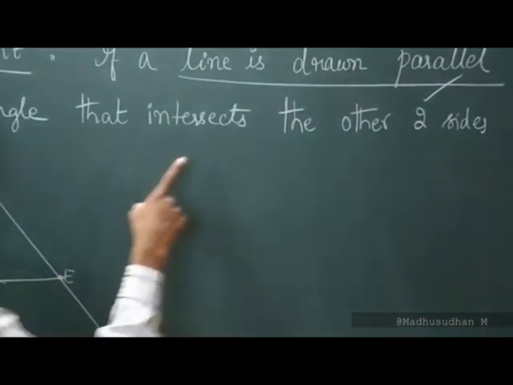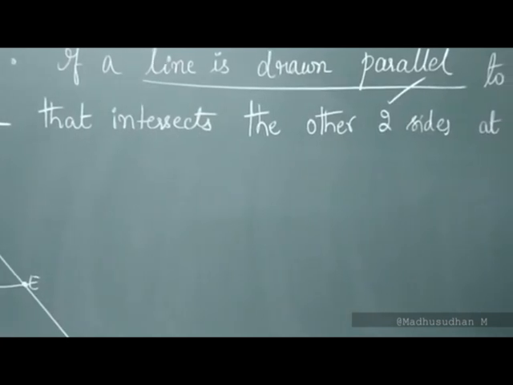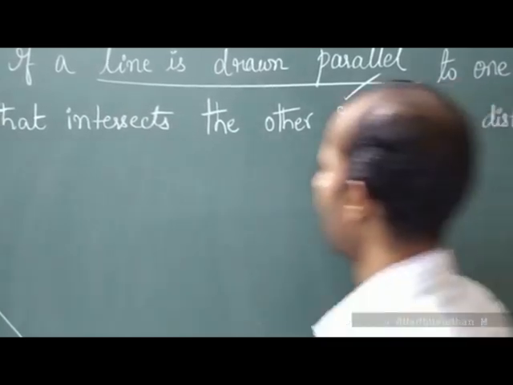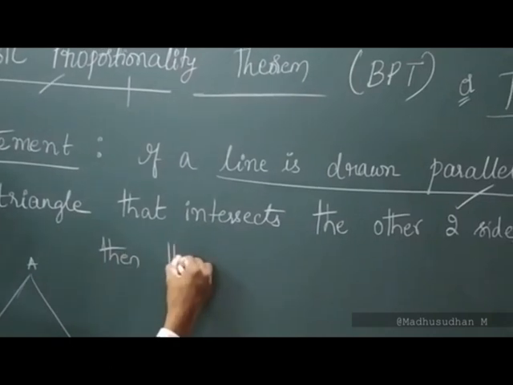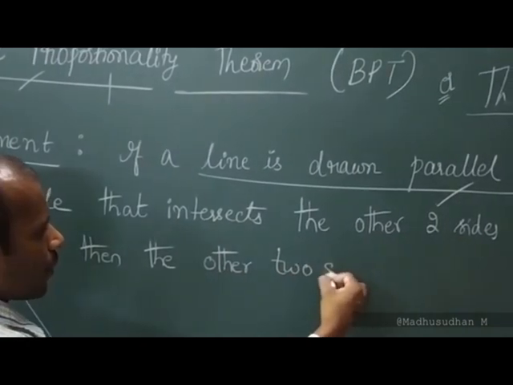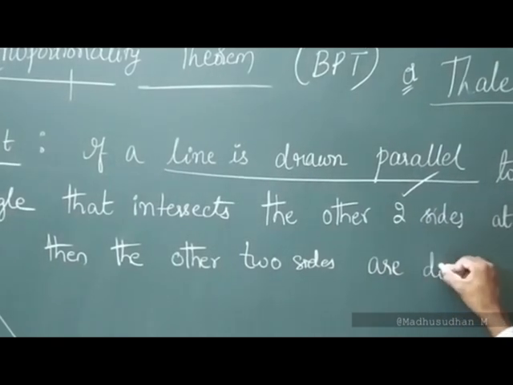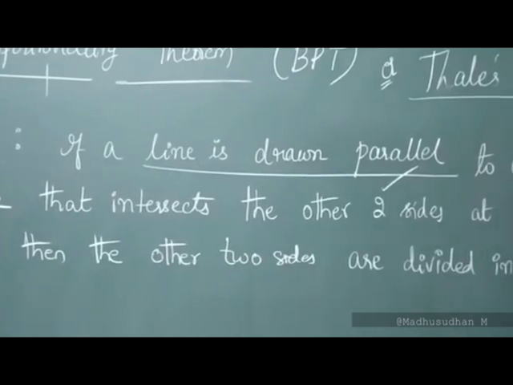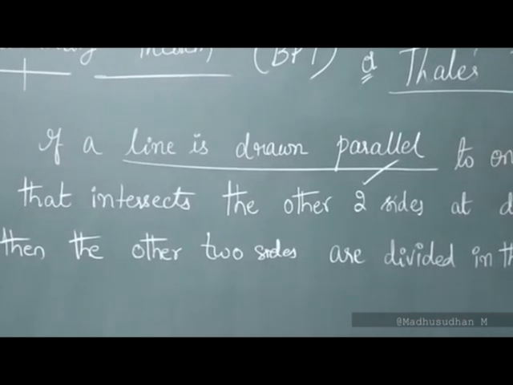So D and E, that intersects the other two sides at distinct points, then the other two sides are divided in the same ratio. We know what is the meaning of ratio, right?